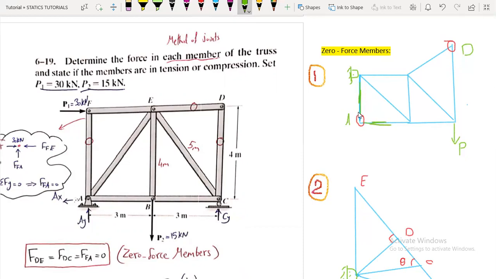and they are non-collinear, so they are not in the same line or the same extension. And the second condition: no external load or support reaction exists at that joint.